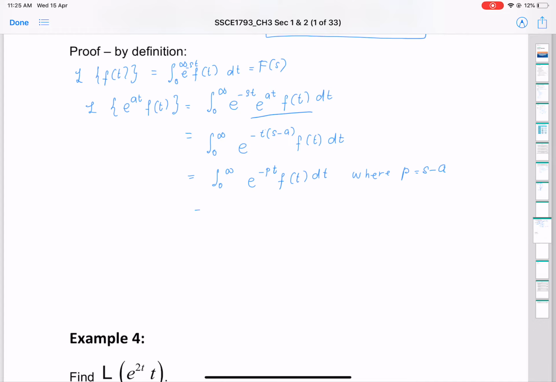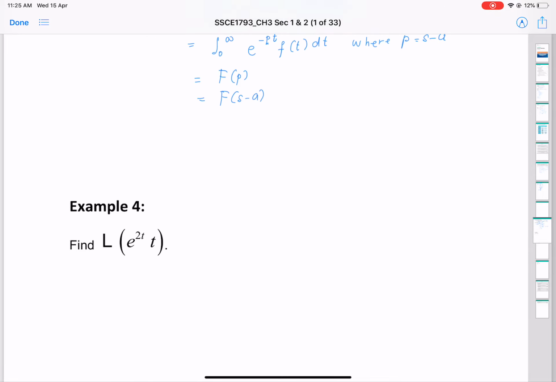So if you see here, this is equal to F(p), because instead of exponent negative s, here I have exponent negative p, where p is equal to s minus a, so F(s minus a). So this proof is just for the sake of your knowledge.